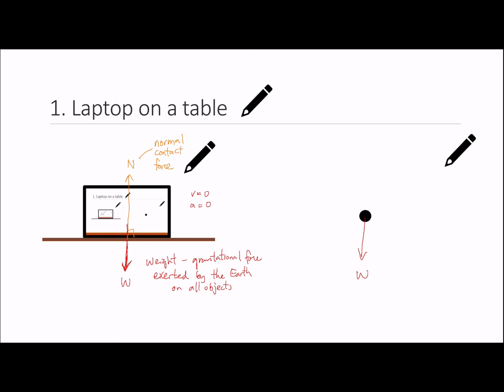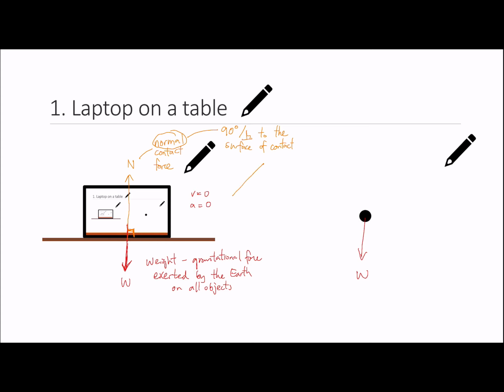Okay. Now a normal contact force is called a normal contact force because it's always perpendicular. The normal here doesn't mean not weird. It means that it is 90 degrees or perpendicular to the surface of contact. It applies to any object that is in contact with something else.